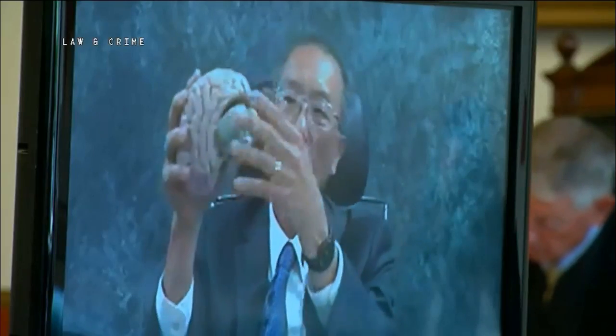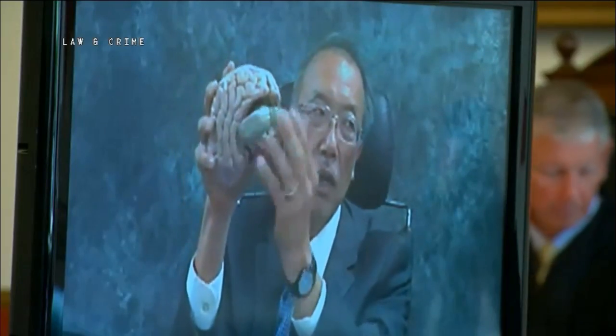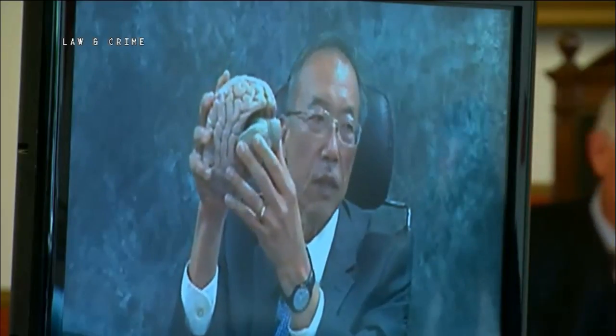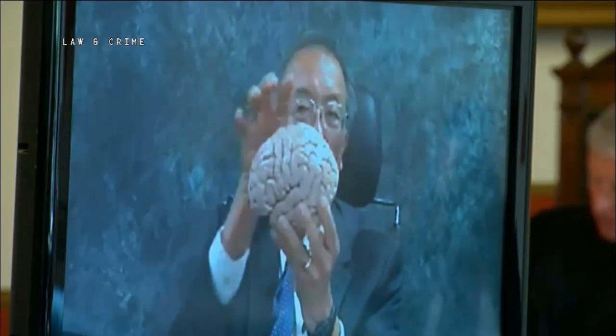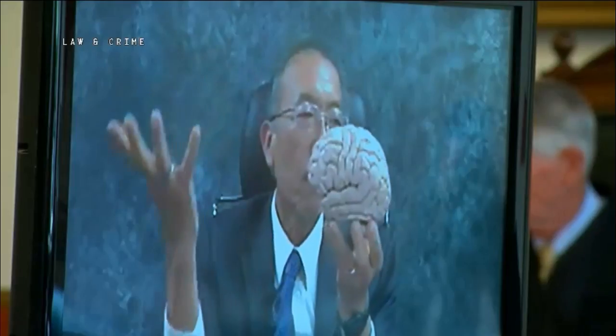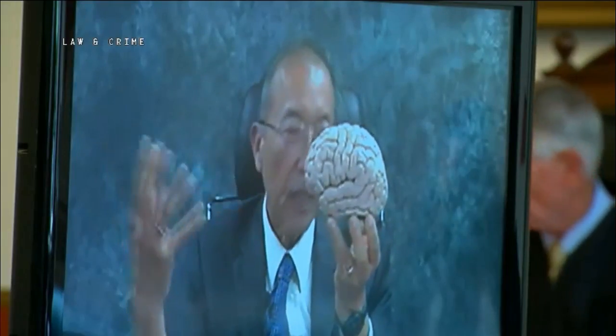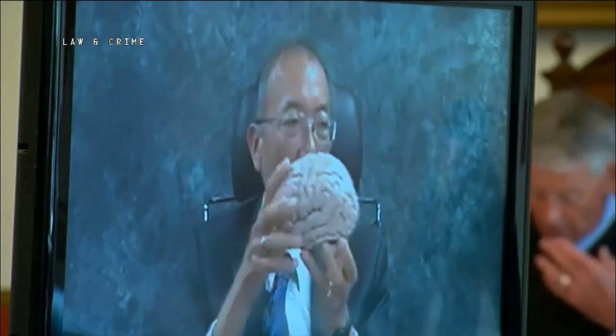He has a pattern with this decreased neocortical to cerebellar ratio. The neocortex is this part of the brain here, and the cerebellum is this part of the brain here. The cerebellum is involved with things like coordination and balance, and the neocortex is involved with almost everything else, like thinking and feeling and vision and hearing.